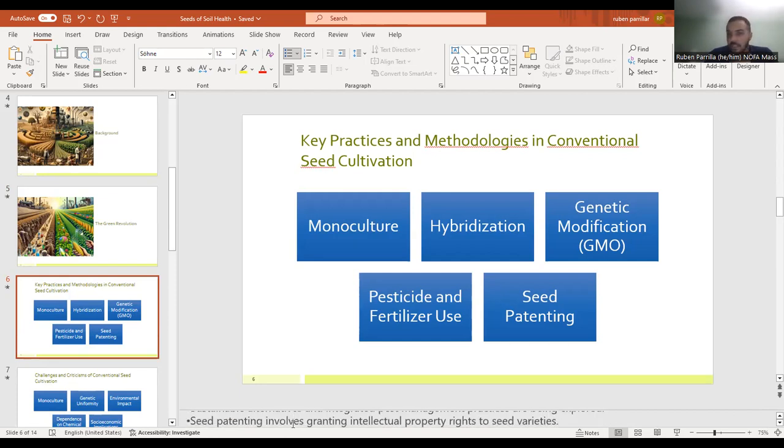Seed patenting also involves granting intellectual property rights to seed varieties. Corporations patent genetically modified seeds, impacting farmers' ability to save seeds and traditional farming practices as well. This also raises questions about the genetic resources and the lack thereof of the biodiversity.